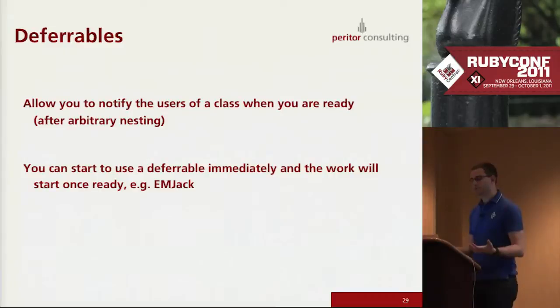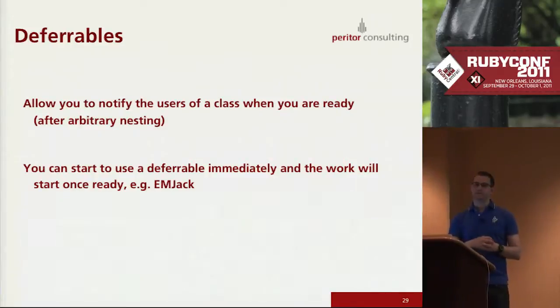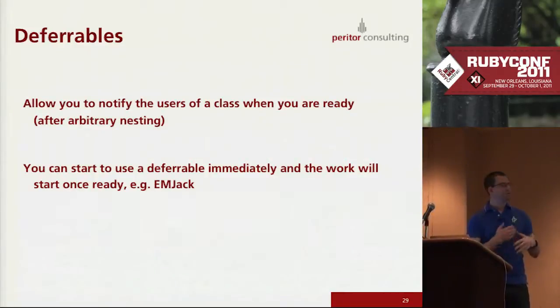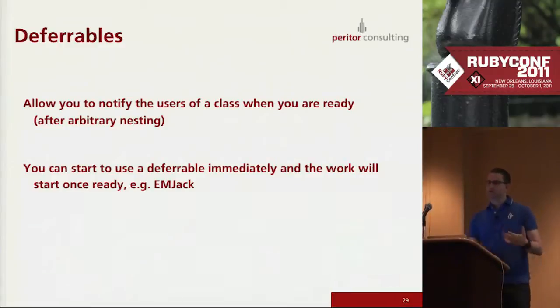And it's very easy to implement those with deferrables. So if you have a complex class that is doing a lot of callback behavior with EventMachine, you should definitely think about using deferrables in order to make the implementation a lot nicer.